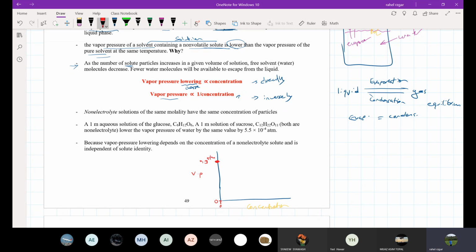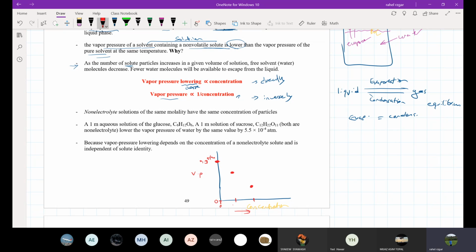As concentration is increasing, vapor pressure at this concentration is lowered. The vapor pressure would be at a lower amount. If concentration is increased even more, vapor pressure is lowered even more.